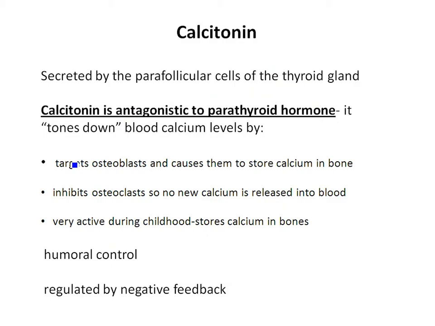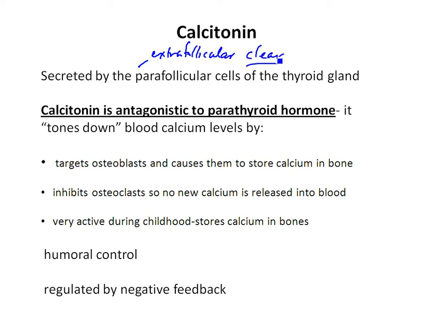The only way to talk about calcium ions in the blood, though, is you've got to talk about this other hormone called calcitonin. Now, calcitonin doesn't have anything to do with the parathyroid gland itself. It's actually formed by the parafollicular cells of the thyroid gland. Sometimes you see these cells called extrafollicular cells or clear cells, so you can tell what they look like.